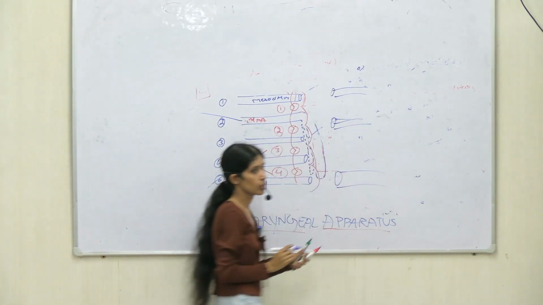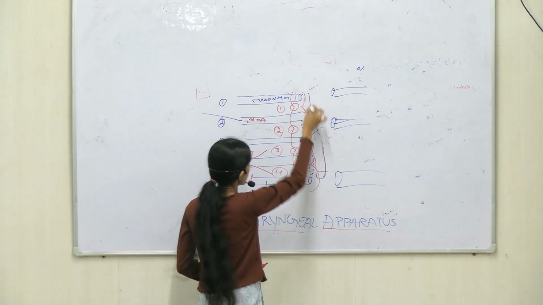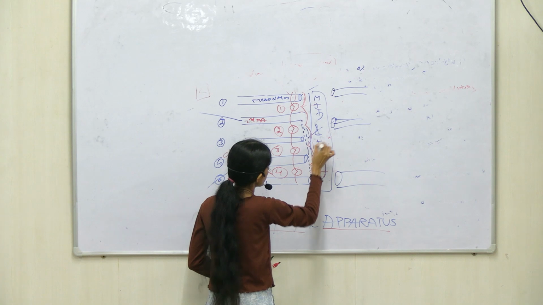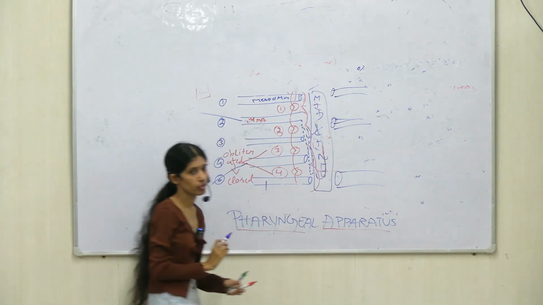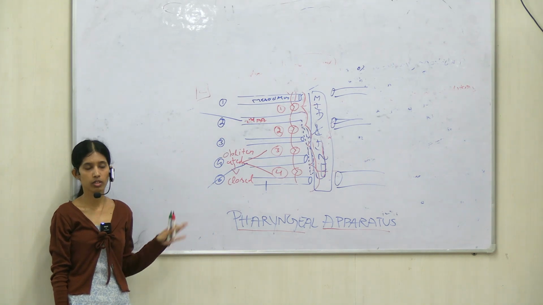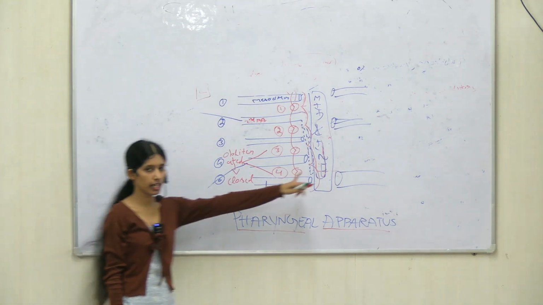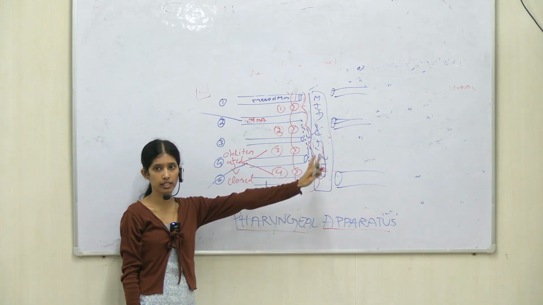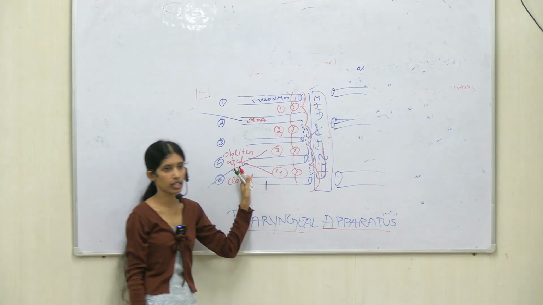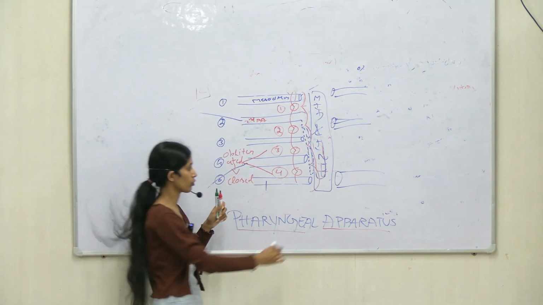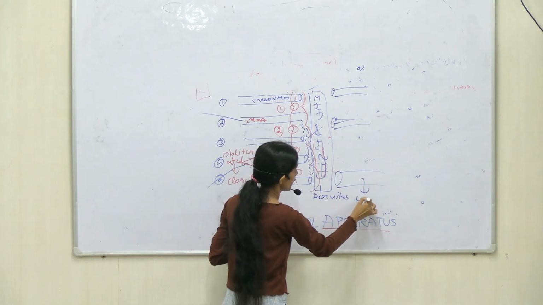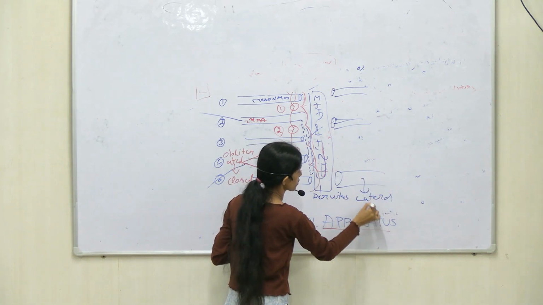Okay. So whatever part you are seeing here is called the midline, right? While studying the derivatives of your endoderm, we have midline derivatives and lateral derivatives. If this is the midline, we consider this part and this part as the lateral parts.